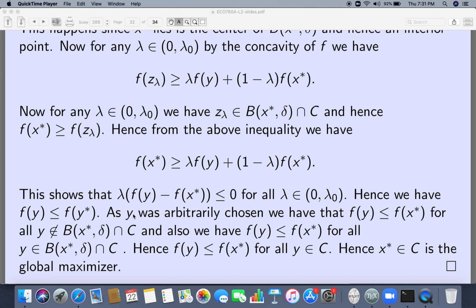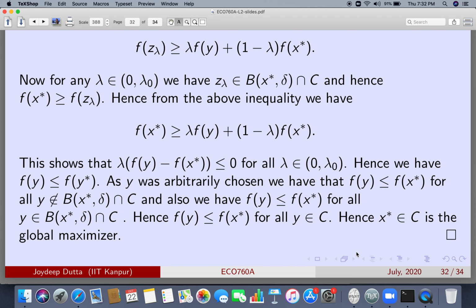So as y is arbitrarily chosen, we have f(y) less than or equal to f(x star) for all y outside this intersection zone. And anyway, we also have f(y) less than f(x star) for all y here. So f(y) is less than or equal to f(x star) for all y in C, and hence x star is a global maximizer.